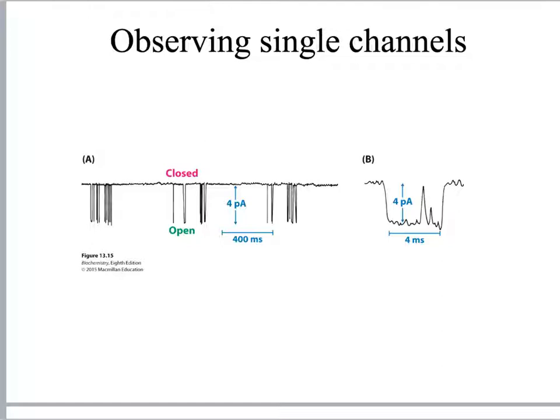Looking at B here, this is going to give an indication of length of time that a channel is in an open state. So downward spikes here will indicate transitions between open and closed state. And we can see when the channel is open and how long it's open for. So we get this information where we're able to see responses in this channel opening and closing.